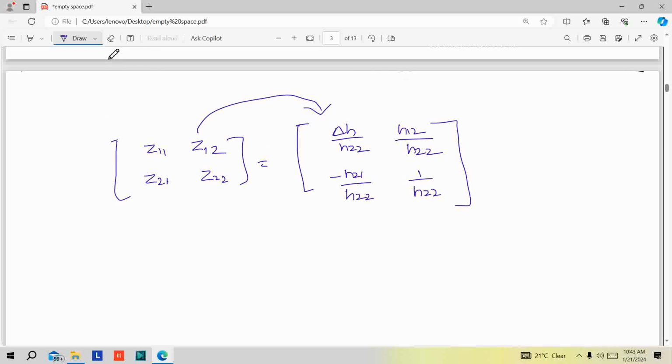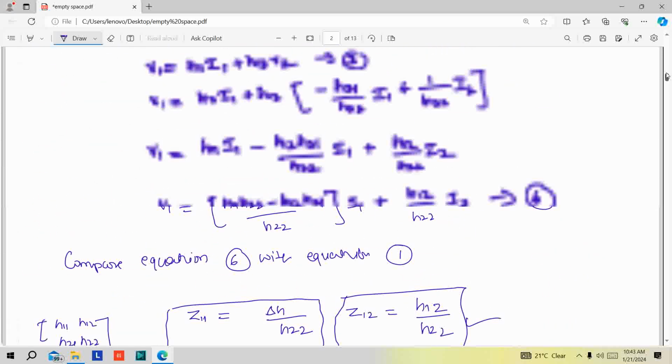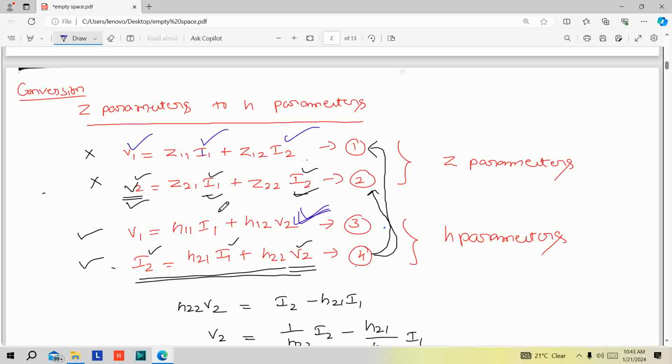Correct? Now look here, the same procedure we can use for the other conversions except Z to Y and Y to Z. The important concept is which equation you want to alter. We need to do the comparisons. All the current and voltage variables should be matched. Then only we alter that equation.